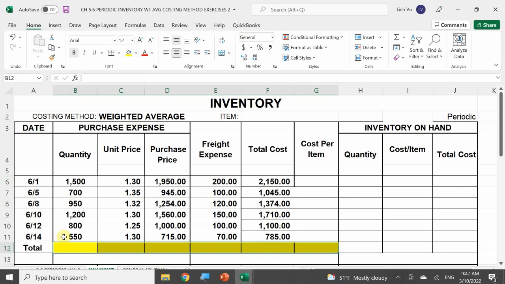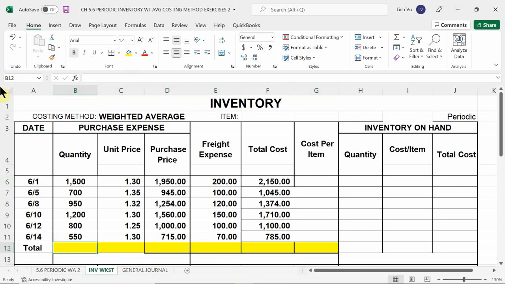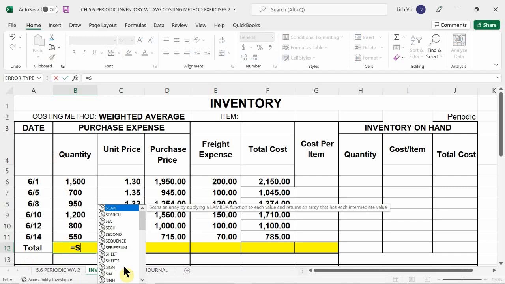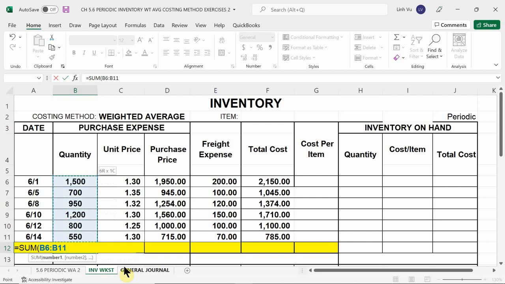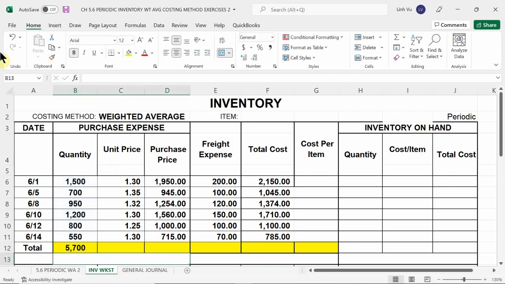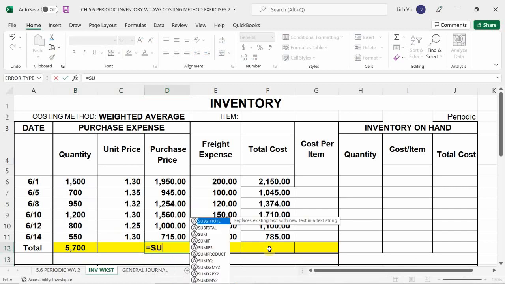Okay. So equal sum. So 1,500. Go ahead. 5,700. 5,700 is correct. Good. What is the total purchase price here?